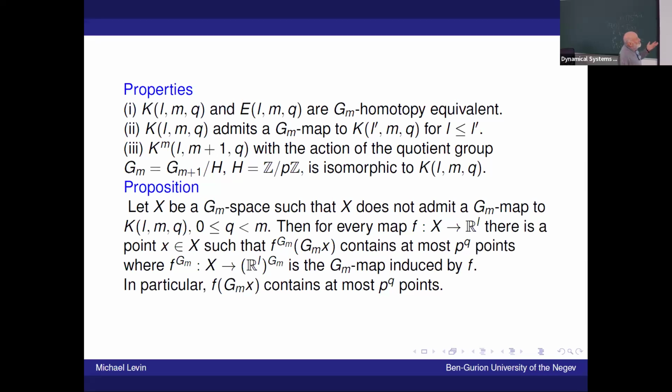So E_L^n is naturally embedded in E_L^{n+1} because the Euclidean space is just bigger, and we embed it as a coordinate subspace. Okay, and from this embedding, we can derive an embedding of K_L^n to K_L^{n+1}.